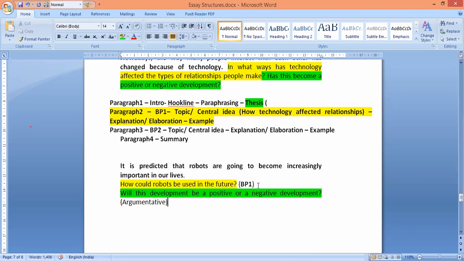And where you need not give your opinion, that is discursive. So it's a blend of both discursive and argumentative. Don't get confused. In BP1, you answer this question, and in BP2, you give an opinion, support and explain that, and give an example.